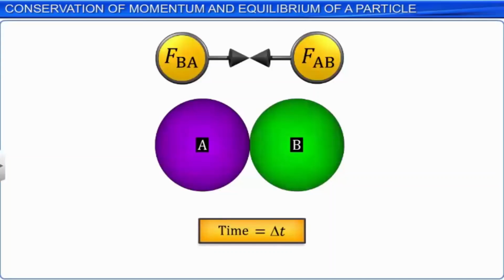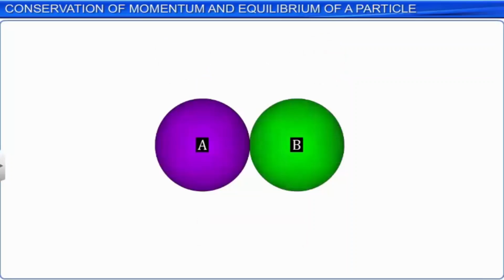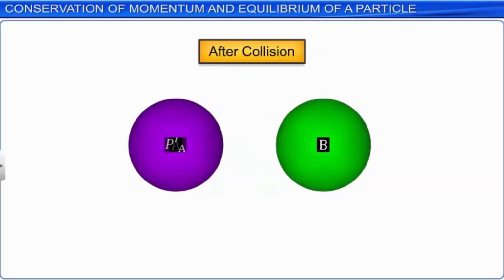Fab is the force on A by B, and Fba is the force on B by A. These two forces are equal in magnitude but opposite in direction. Now, the final momentum of A after collision is P dash A, and the final momentum of B after collision is P dash B.